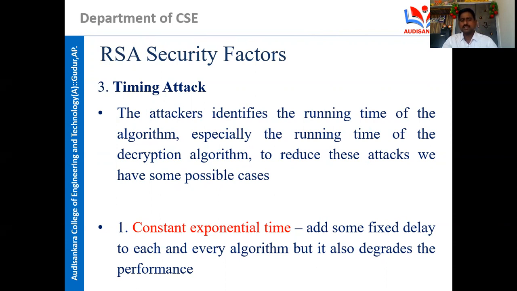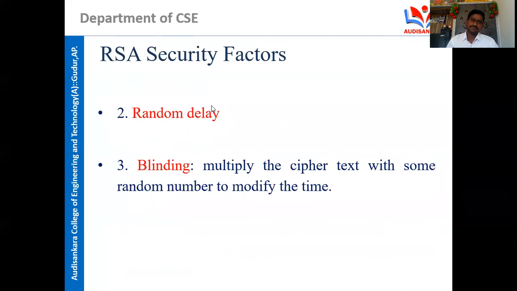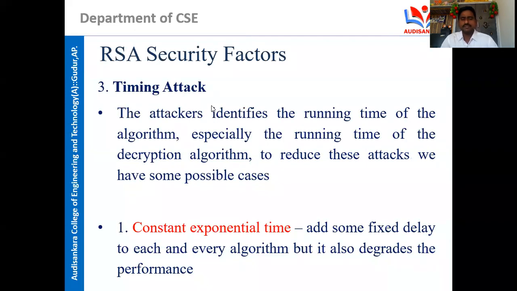To the original time, we will add some fixed time, or we can say constant time, to make it difficult for the attackers to identify. For example, if it completes in 3 milliseconds, we will add 2 milliseconds extra. It will become 5 milliseconds. Like that, we will give some additional fixed time.